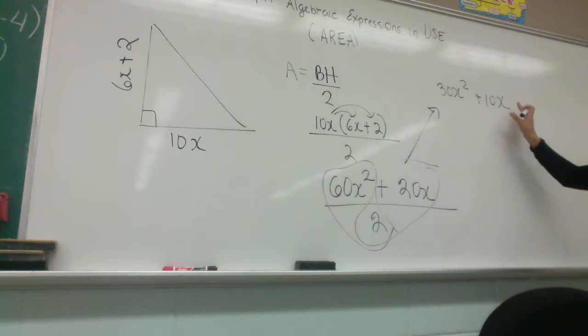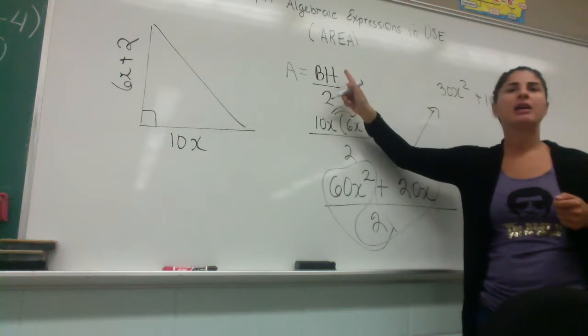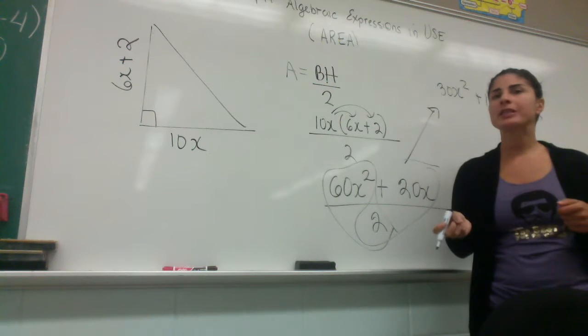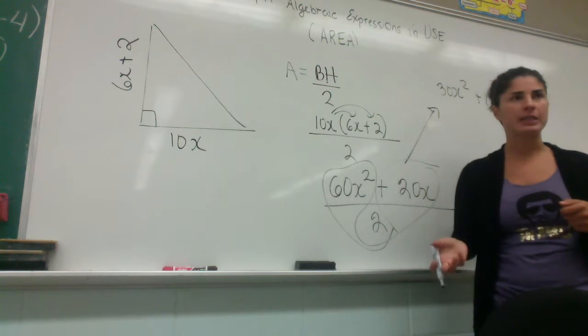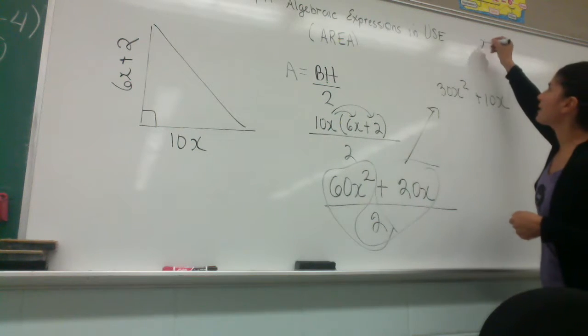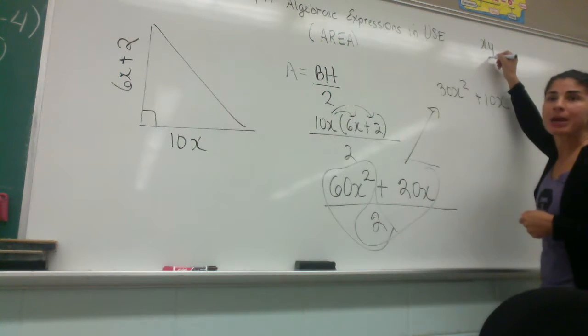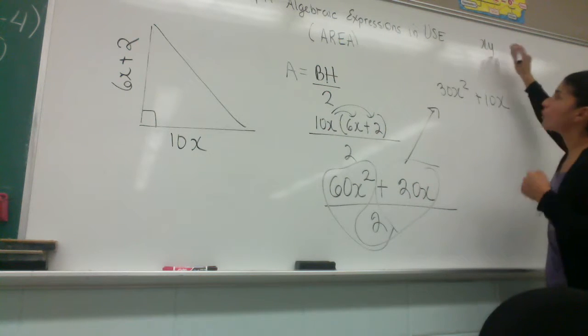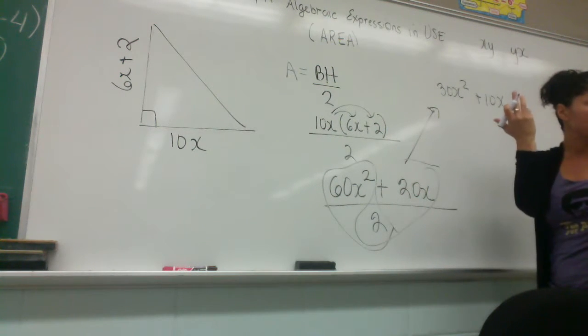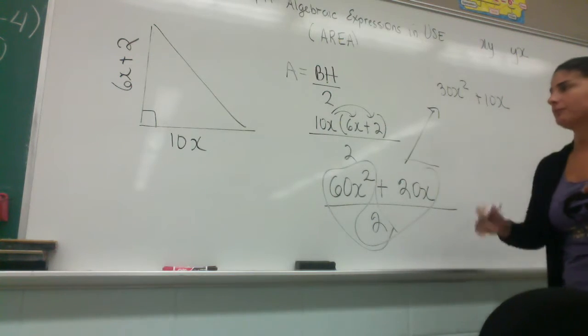Perfect. It won't change, right? Because base times height and height times base gives you the same answer. So 2 times 3 is 6, just like 3 times 2 is 6. So when you're multiplying, that's why x times y is the same as y times x, because whatever the values of those numbers are, it's going to give me the same answer. Got it? Good.